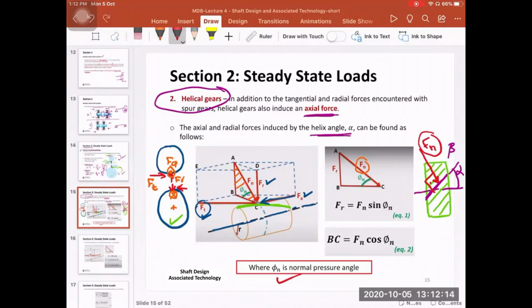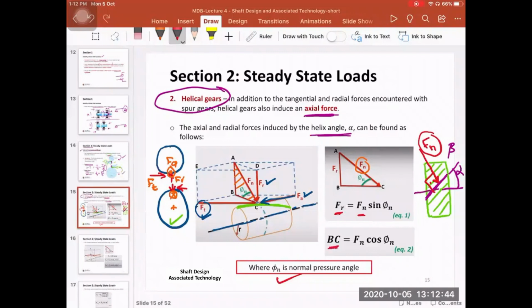You can find the relation between Fr and Fn. Based on the Pythagoras theorem, Fr is equal to Fn multiplied by sine phi n. Phi n here is again the normal pressure angle because it is in the normal plane, where the normal plane is perpendicular to the teeth.